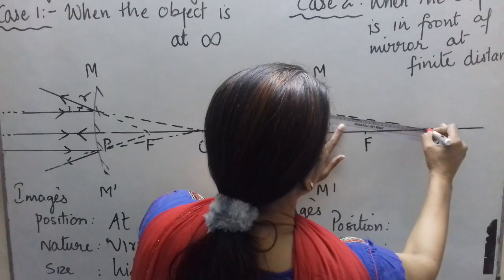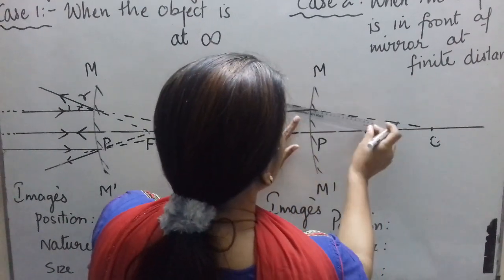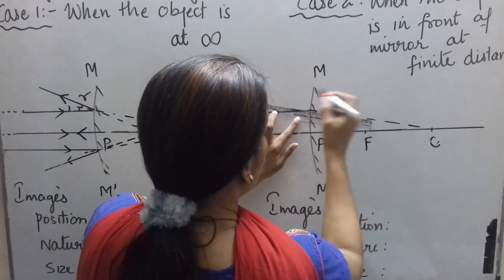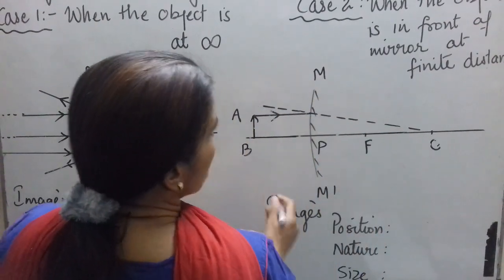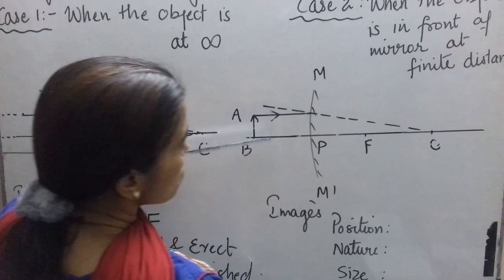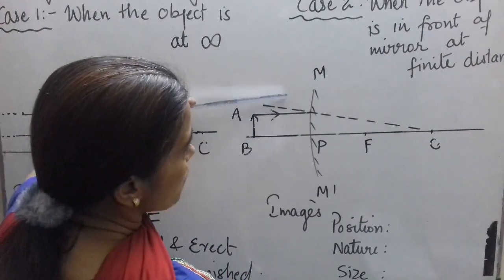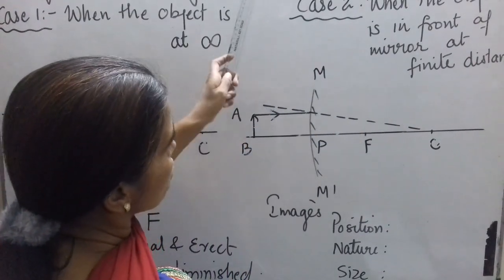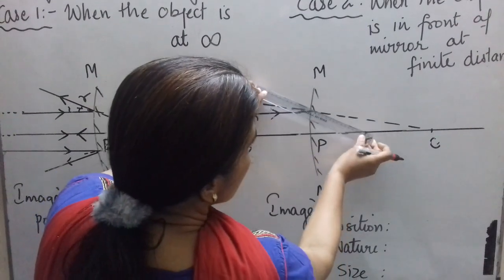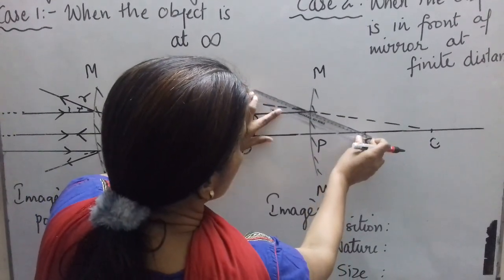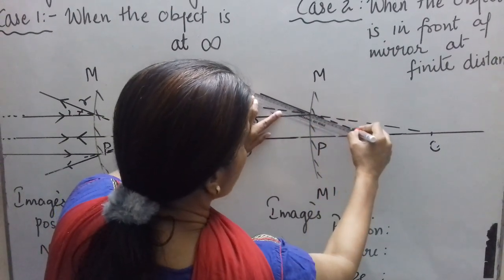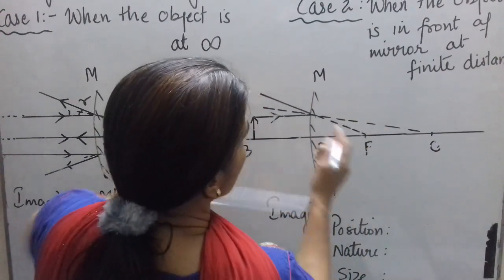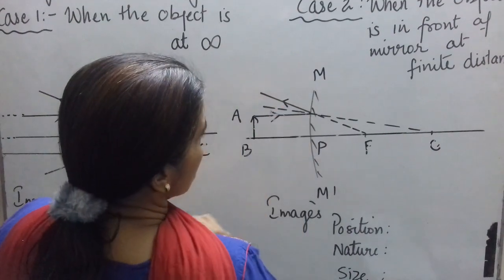But even if I draw the normal, there is no need to take tension about which will be my reflected ray, because I know that a ray parallel to the principal axis appears to be coming from focus after reflecting from a convex mirror. So I will join focus and this point of incidence, and I'll produce it backwards using a dotted line. This is my reflected ray.